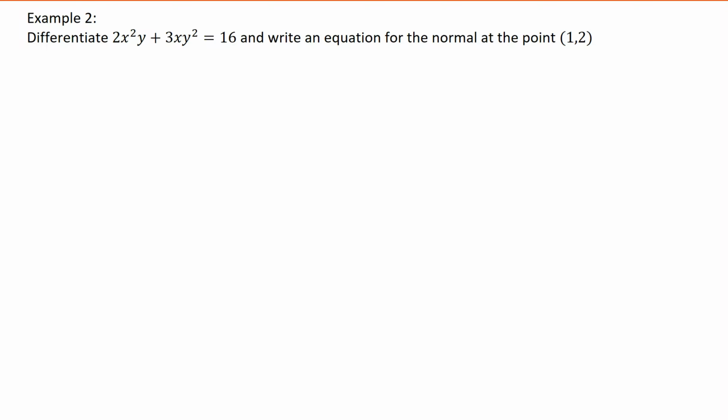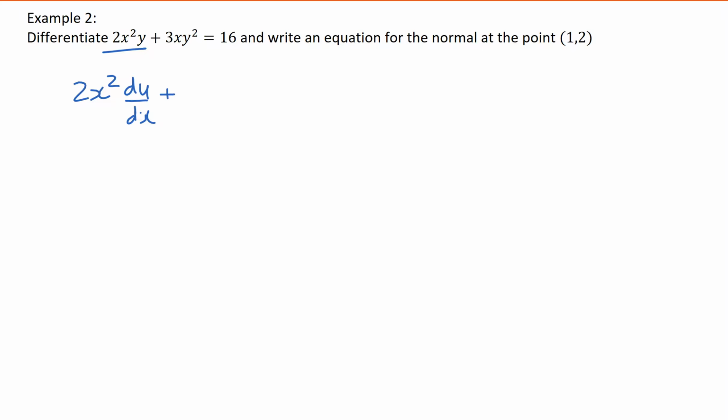Write down the first, differentiate the second, plus write down the second, differentiate the first. That part is going to be 2x squared. What's the derivative of y? dy by dx.